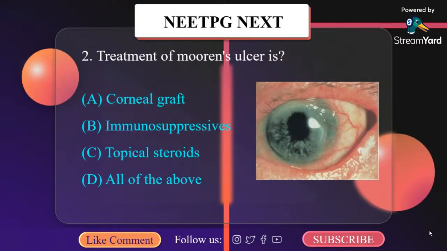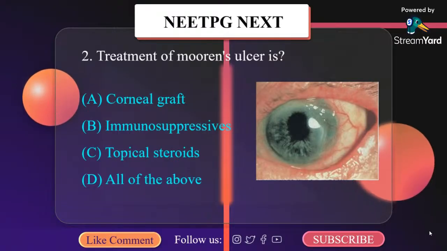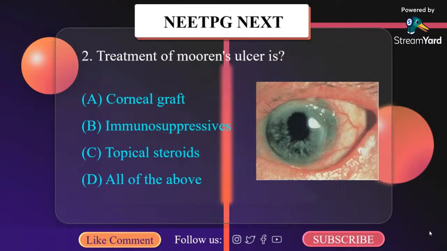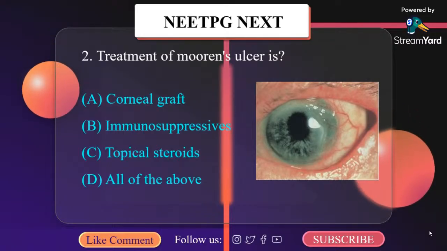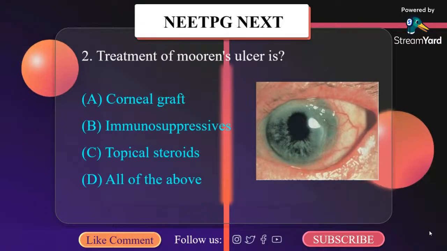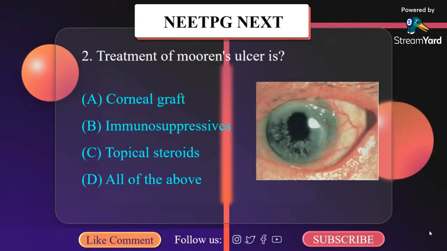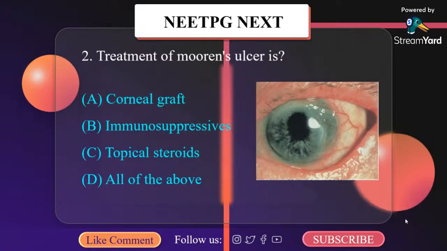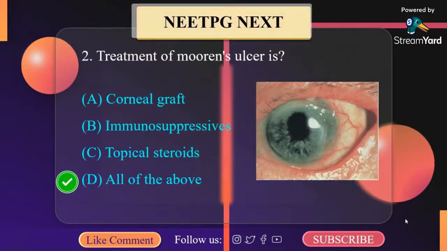Mooren's ulcer is also defined as a special and the most common type of peripheral ulcerative keratitis. The signs and symptoms can include pain in the affected eyes, redness, progressive ulceration of cornea, blurred vision, photophobia, tearing. So the correct answer here is D, all of them.